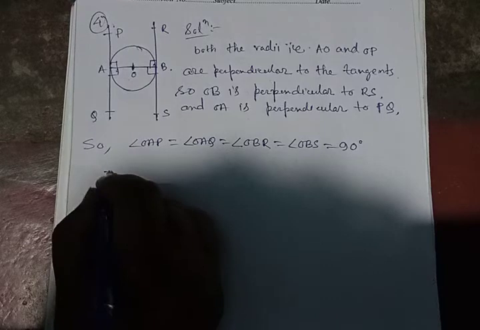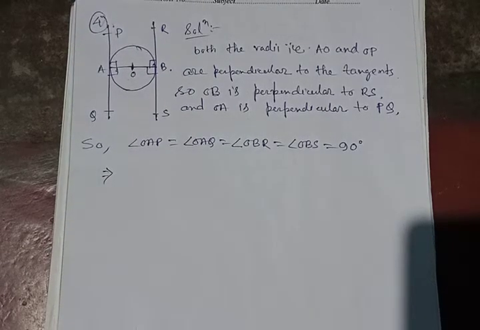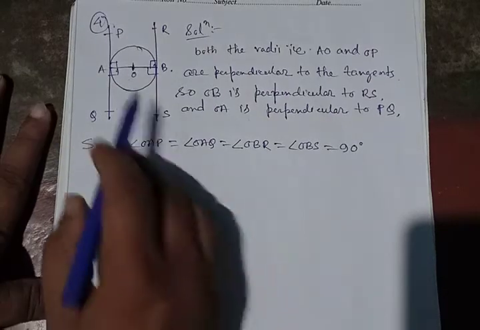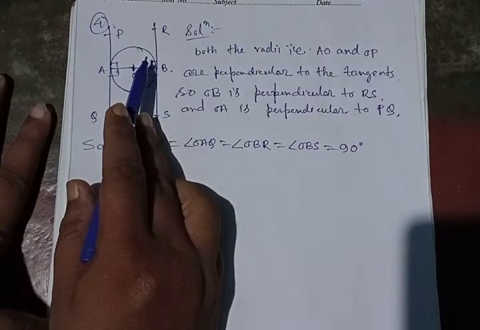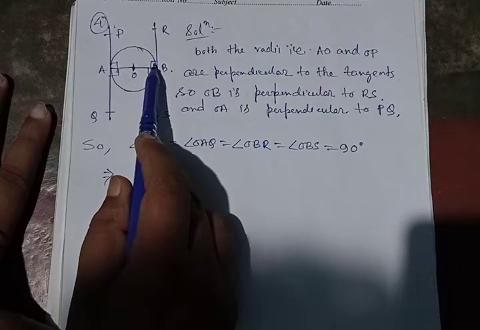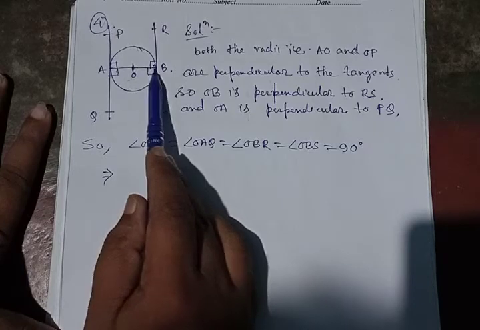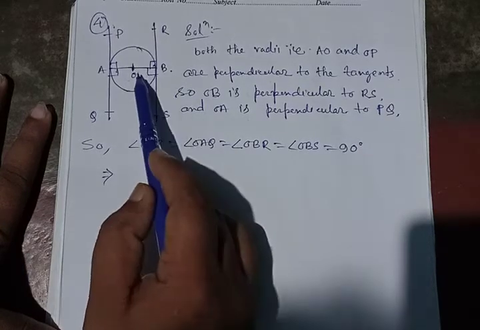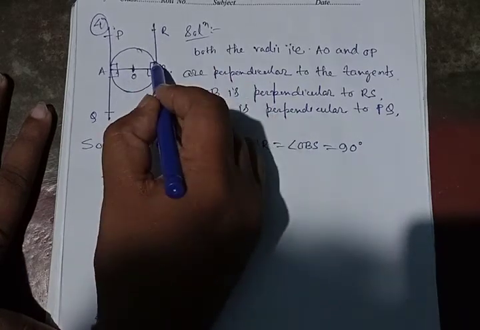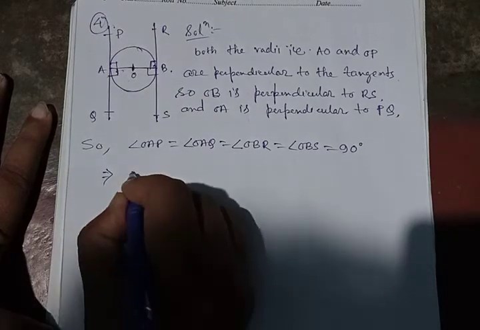Now from the figure, angles OBR and OAQ are alternate interior angles. These are OBR and OAQ, means this angle and this angle are alternate interior angles. Okay.